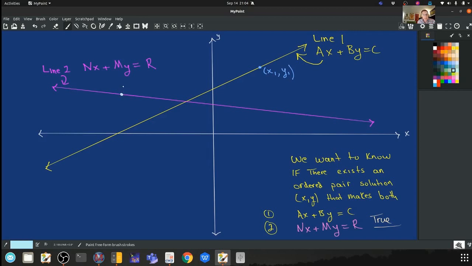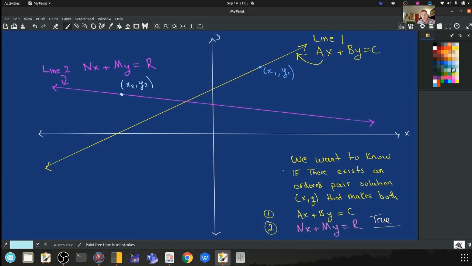We'll put a little point on the purple line. I'll call that x2, y2. It's a different point. Since the point lies on line 2, I know when I plug in my x2 for x up here and my y2 for y up here, I'm going to get a true equation. Now we can't actually do that because I don't know what the value of n is, and I don't know what the value of m is, and I don't know what the value of r is. I just want to talk about general lines, not specific ones.